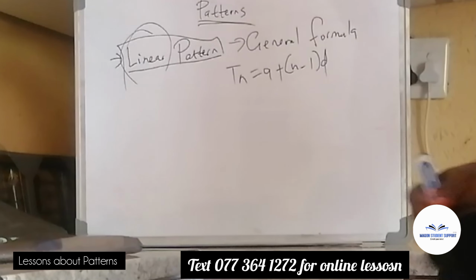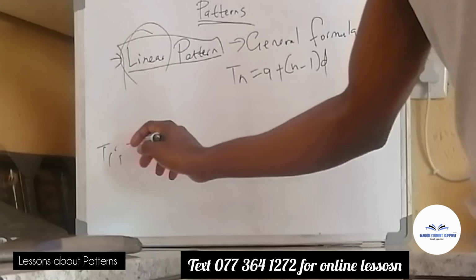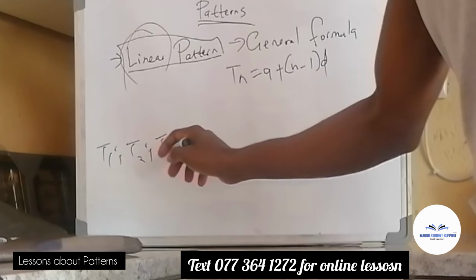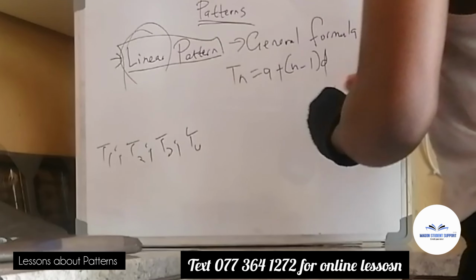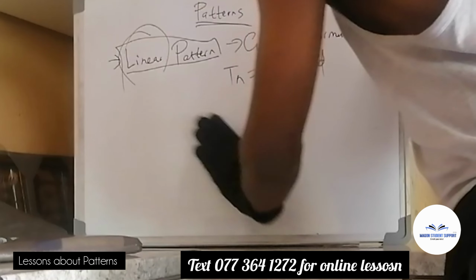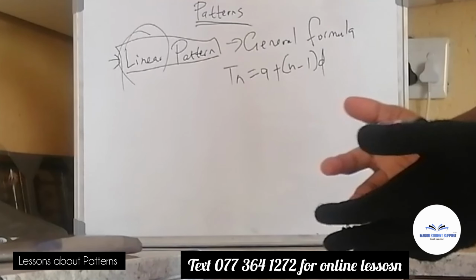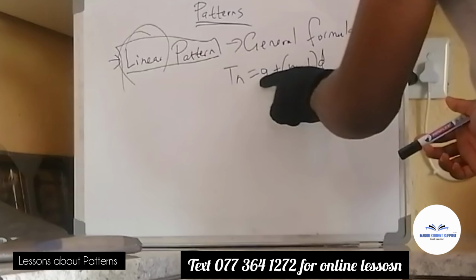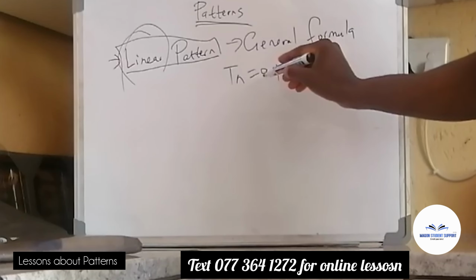If you had to write out term 3, term 4 and so on up to term 100, you would overflow your page. This formula helps you predict the upcoming or other terms you are asked to find within the linear pattern.